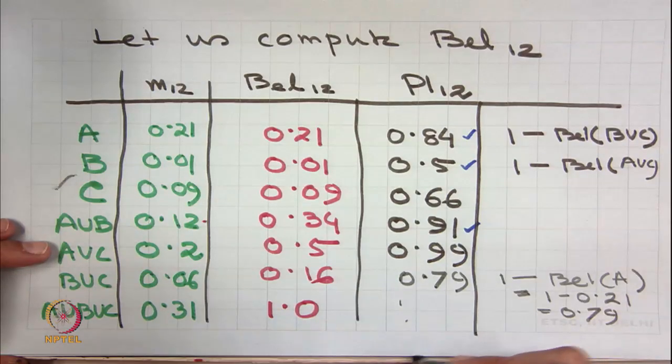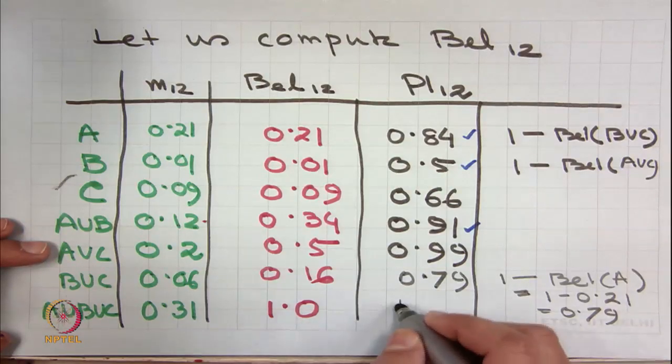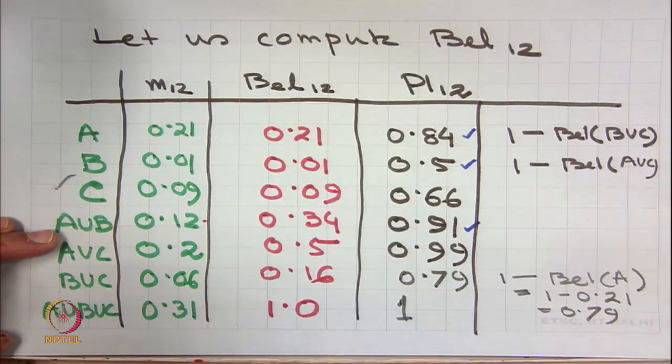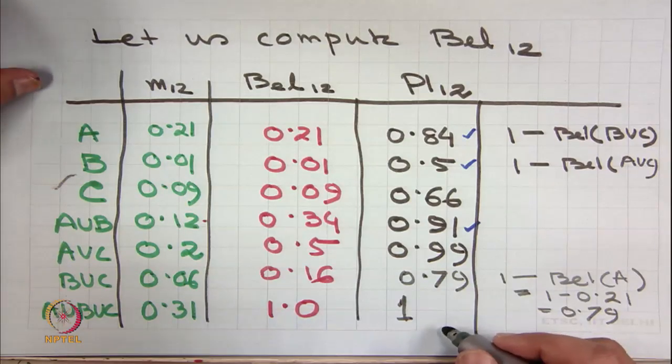And as you easily understand, plausibility of the entire set X is going to be 1, because belief of phi is 0, therefore, 1 minus 0 is equal to 1.